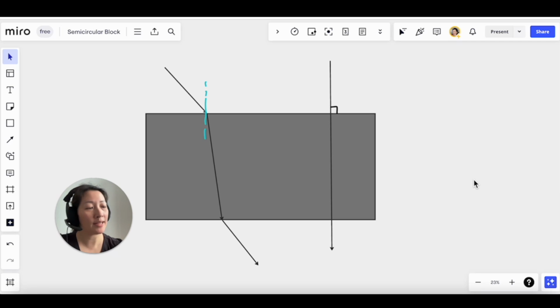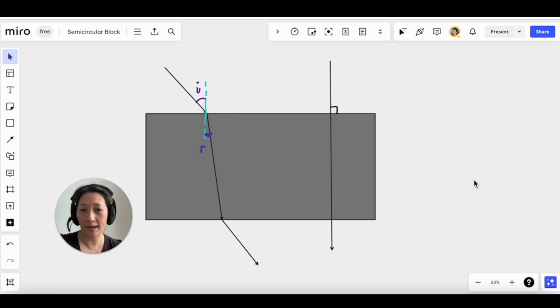That means that the incident angle is this angle between the light ray and the normal line. So this would be the incident angle, which I'll label as I. The refracted angle is also measured between the normal line and the light ray.